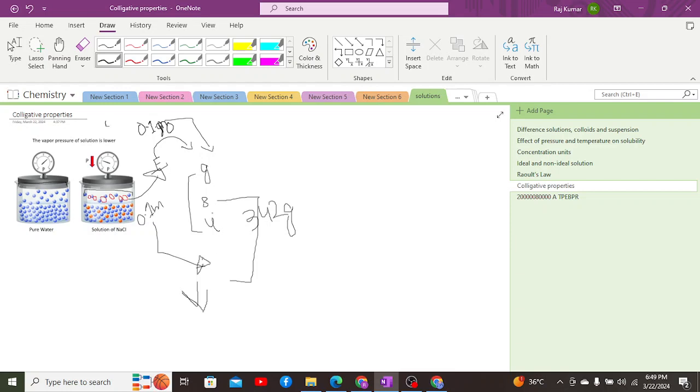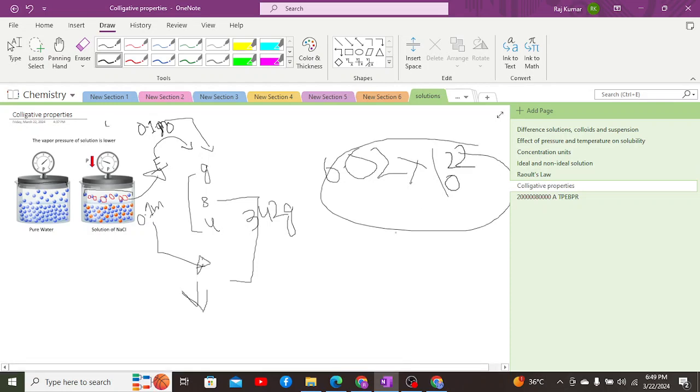The reason behind it is that the number of particles of all of these three components is the same, which is 6.02 into 10 to the power 23 divided by 10, which means 6.02 into 10 to the power 22 particles of all of these molecules are there, due to which the vapor pressure is the same in all of these.